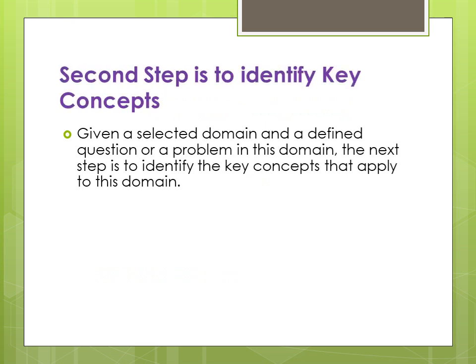Second step is to identify key concepts. Given a selected domain and a defined question or problem in this domain, the next step is to identify the key concepts that apply to this domain. Usually we recommend using the smallest number of words, usually a single word for each concept. Some people find it helpful to write the concept labels on small pieces of paper.